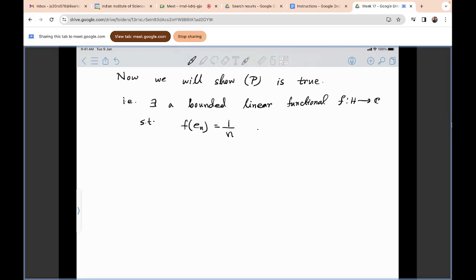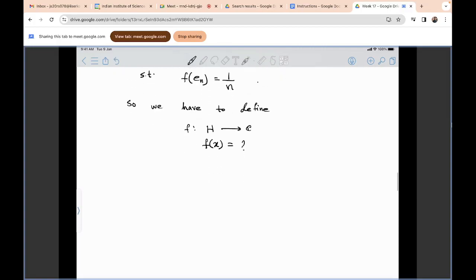So how to construct such a bounded linear functional? Let's see. We have to define f from H to C, f of x. So how to define?